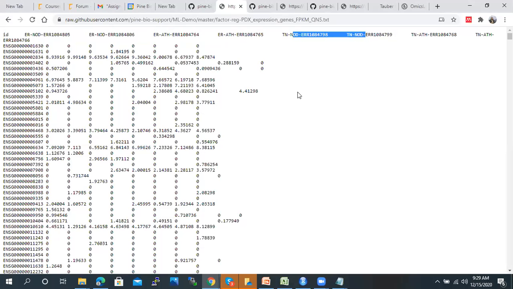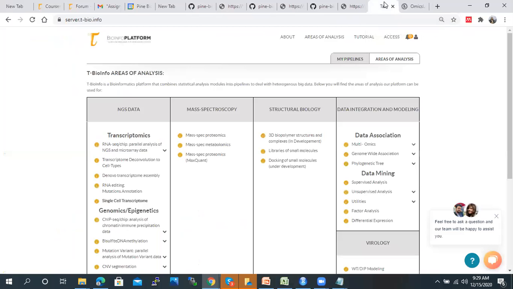So to find out the differences only between the ER positive and triple negative conditions, by filtering out the other criteria, that this gene should not be differentially expressed in the mice subtype, this is the goal of performing a factor regression analysis when we have to consider multiple factors. So now let's go over the T-Barn4 platform.